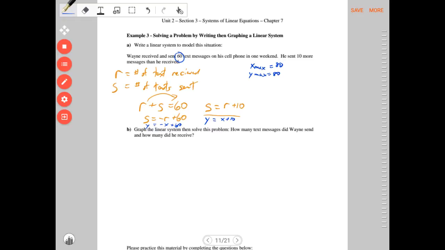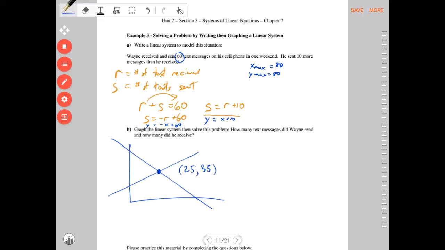I'm just going to graph these things super quick. So there we have it. You end up with a graph that kind of looks like this, and kind of looks like that. So you get an intersection point, and that worked out to 25, 35.